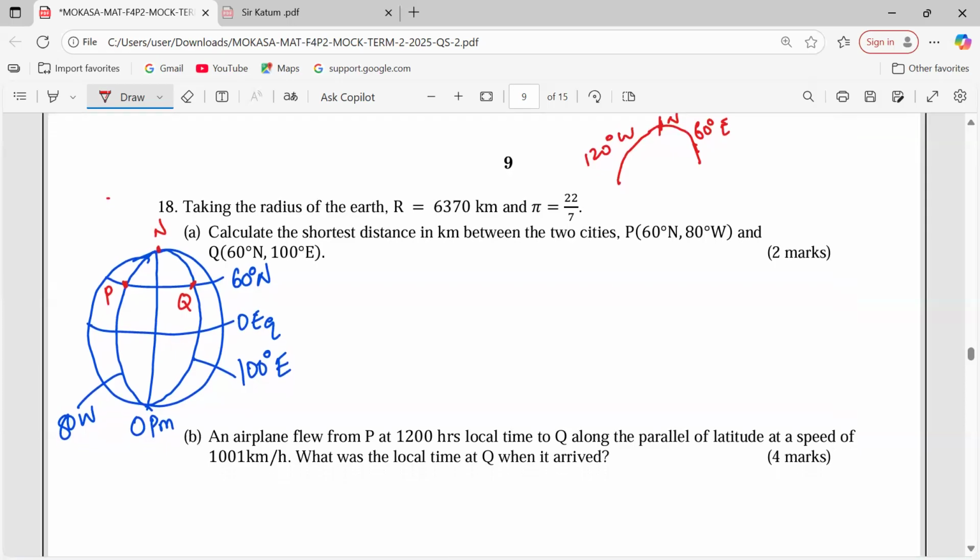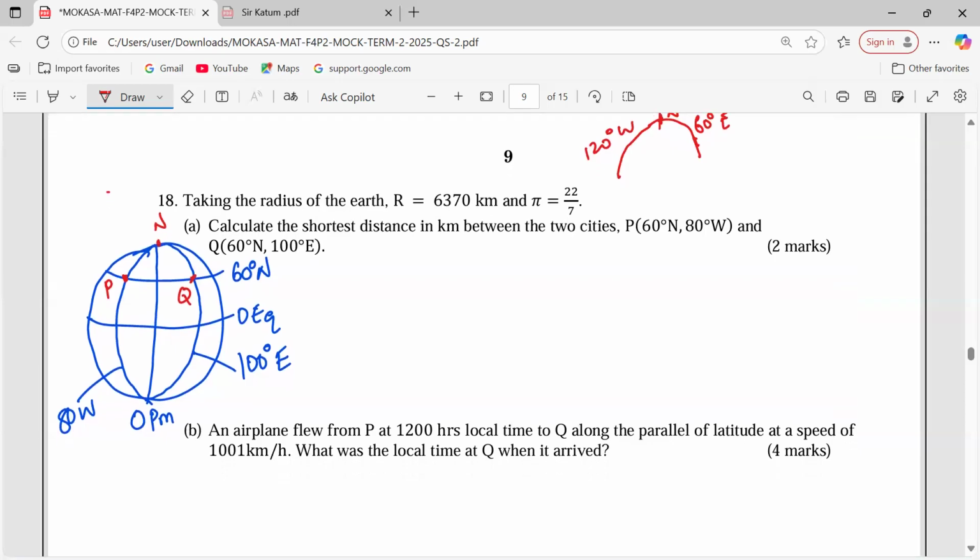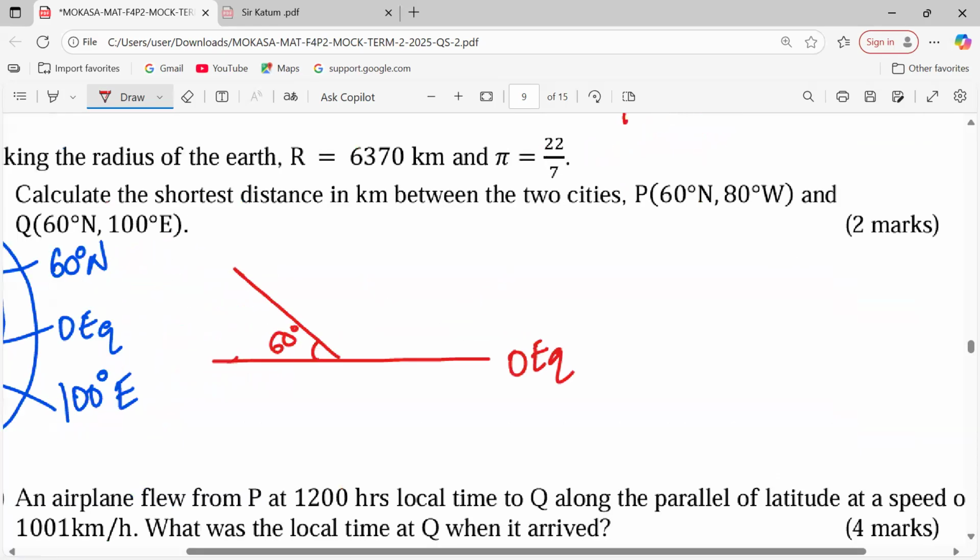Therefore, we need to agree at this point that the shortest distance is the distance across the pole. If this is 0 equator, then we measure 60 degrees, then on the other side, we also have 60 degrees.